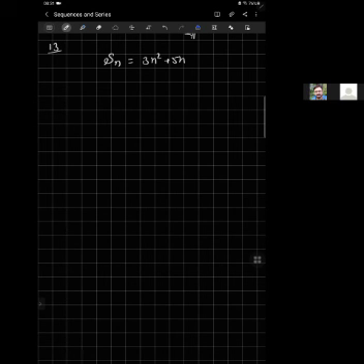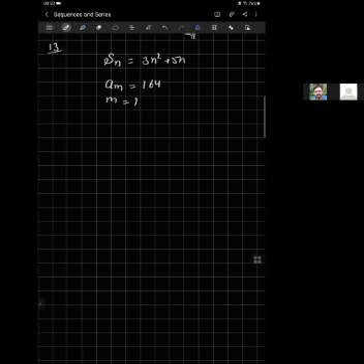If the sum of n terms of an AP is 3n square plus 5n and its mth term is 164, we have to find the value of m. Listen carefully. If the sum of n terms of an AP is 3n square plus 5n and its mth term is 164, find the value of m.